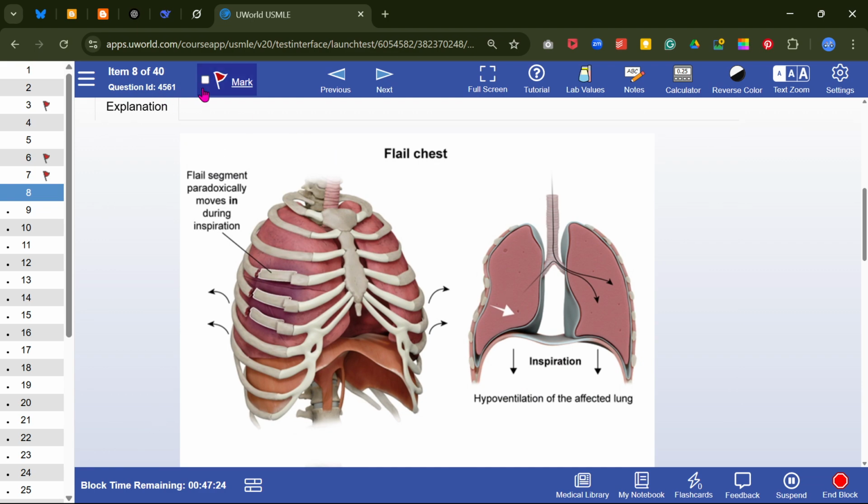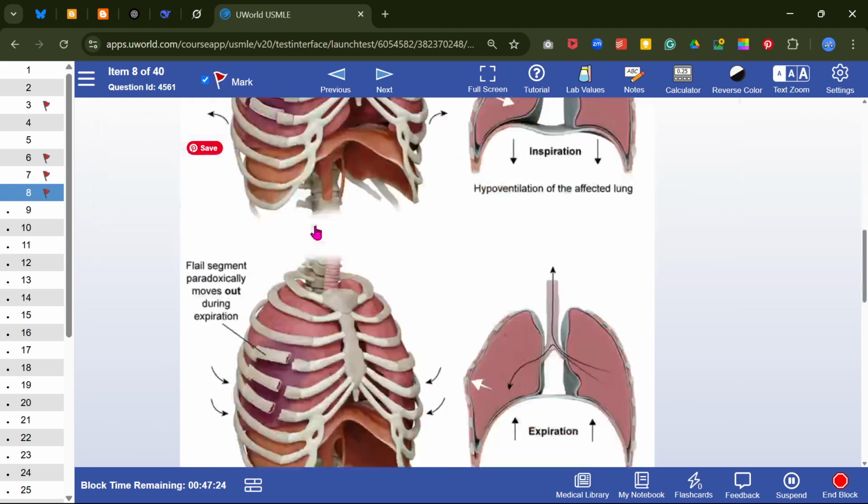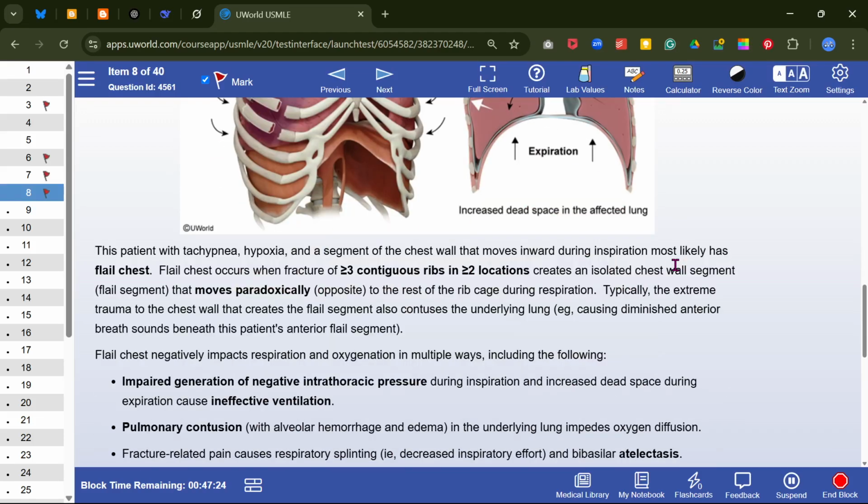Okay, this patient with tachypnea, hypoxia, and a segment of the chest wall that moves inward during inspiration most likely has flail chest.